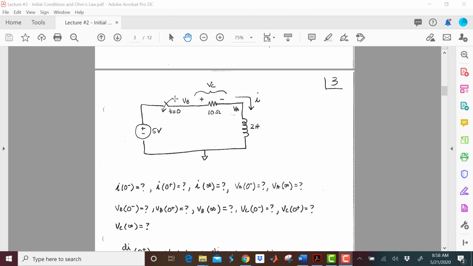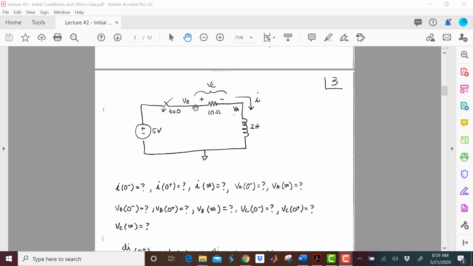Okay, so if the switch is open, then I'm going to have no current path. So that means I got no voltage across the inductor. And since I'm at steady state at t equals 0 minus, I have no voltage across the inductor. So KVL on the fly says I got 0 here, I got no voltage across here, so VA is going to be 0.